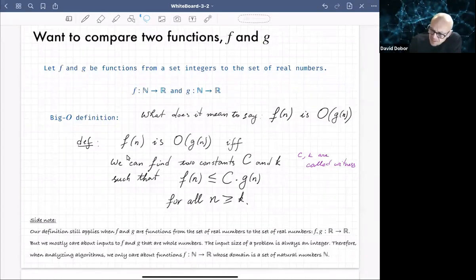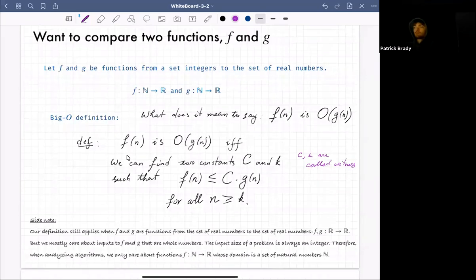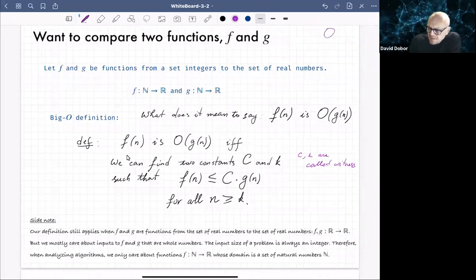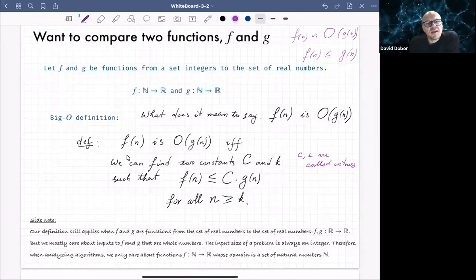So when we say that f of n is big O of g of n, we say that f of n in some sense is less than or equal to g of n. What is that sense in which f of n is smaller than g of n, not greater than g of n? In this sense that we have on the screen.